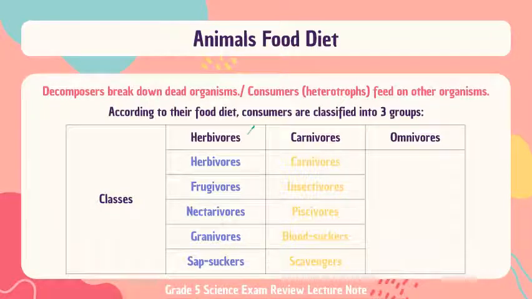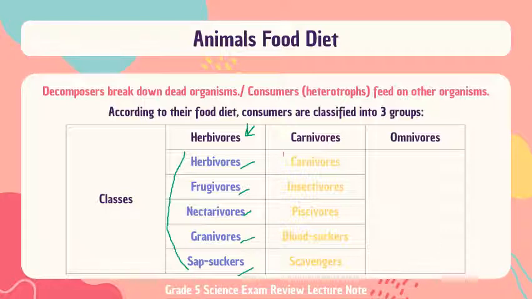Herbivores are animals that feed on plants only, and they are classified into 5 classes: herbivores leaves, frugivores fruits, nectarivores nectar, granivores seeds, sapsuckers sap.